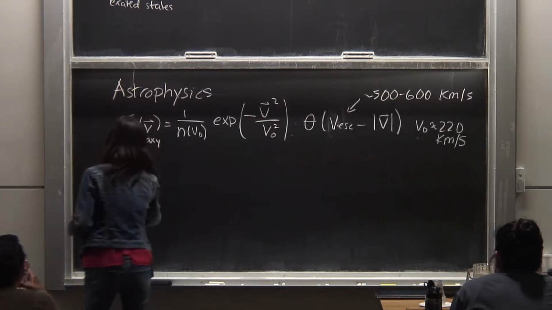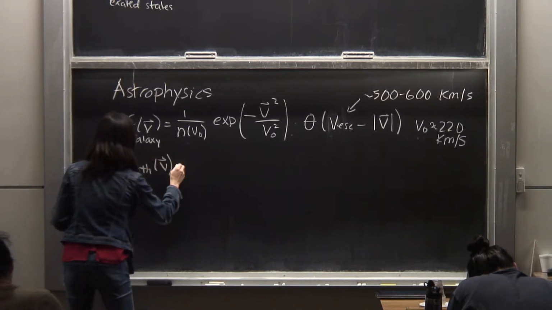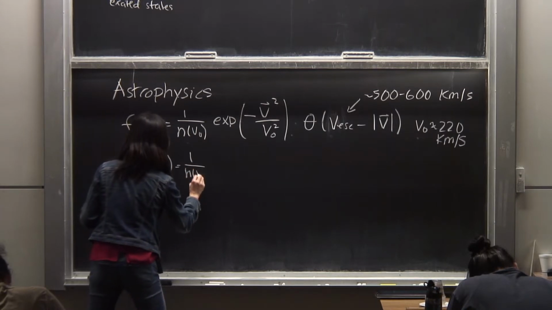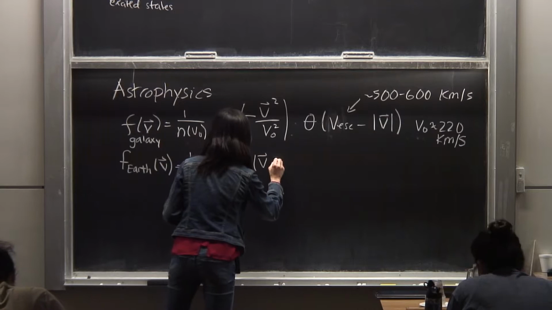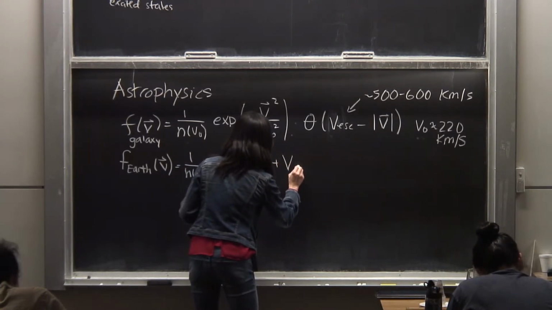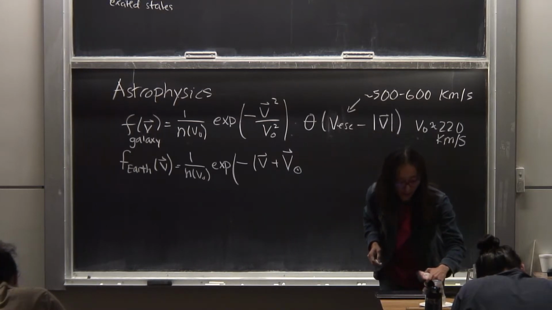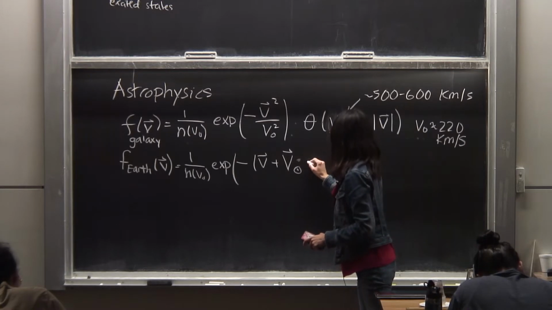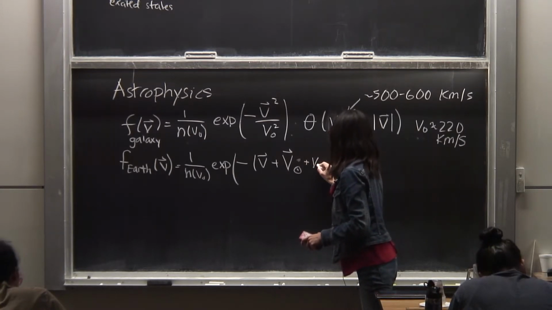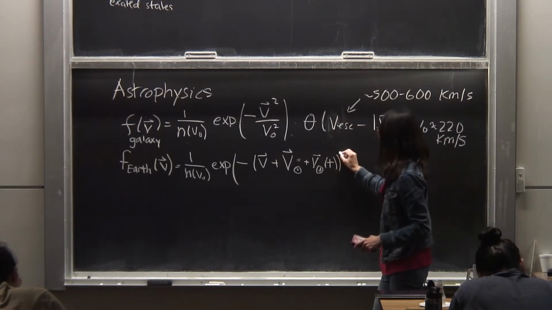And in the Earth's frame, I have to boost this by the Earth's velocity, which I decompose into the sun's motion around the galactic center, plus the orbital motion of the Earth around the sun.